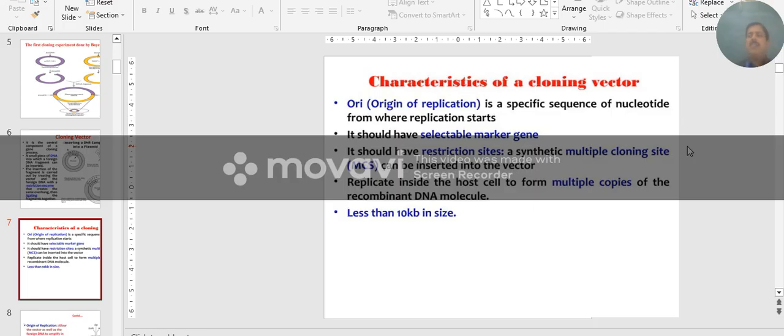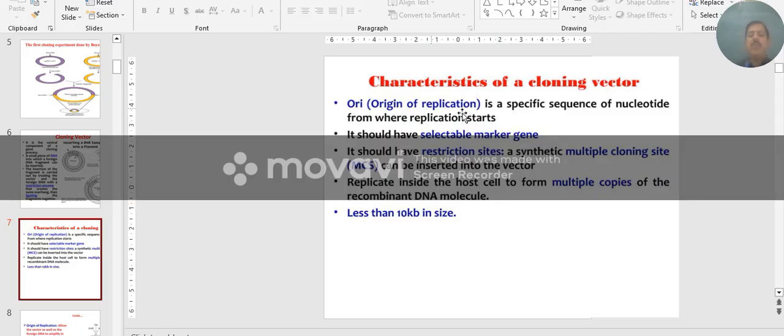A cloning vector, as I said, could be fungi derived, virus derived, bacteriophage derived, or plasmid derived. Plasmid derived cloning vectors are used immensely in genetic engineering experiments. Some of the desirable characteristics that a cloning vector molecule should possess are an ORI sequence.